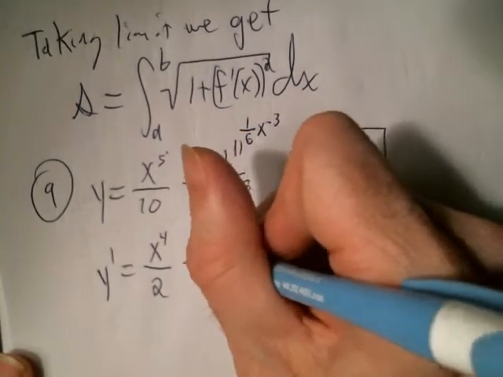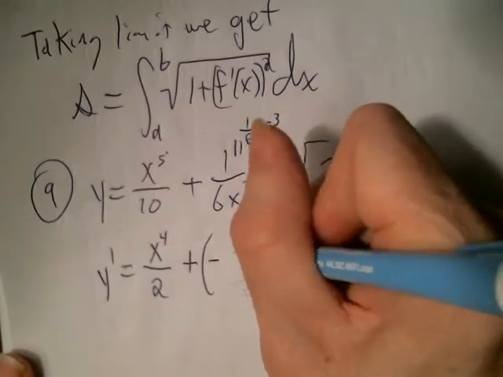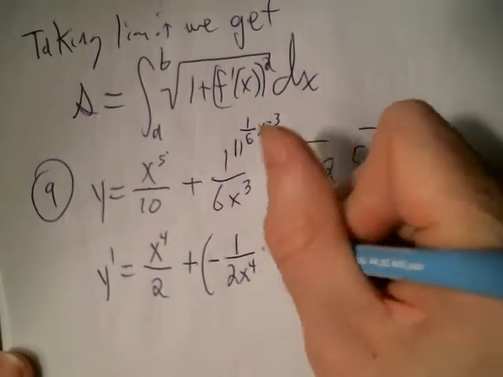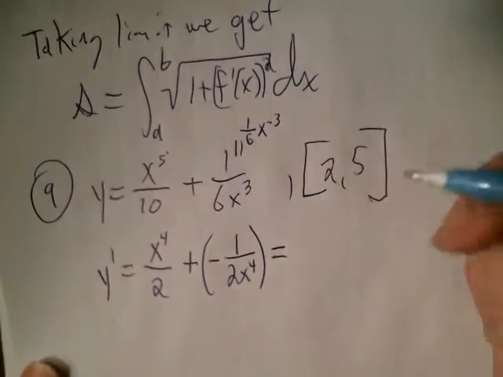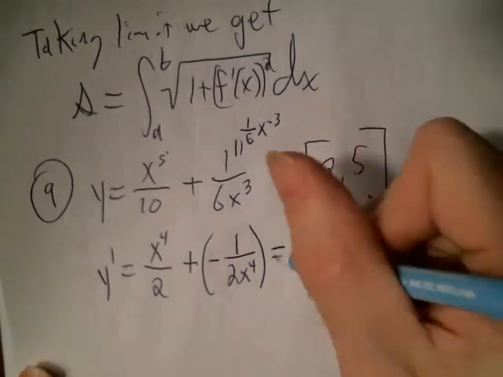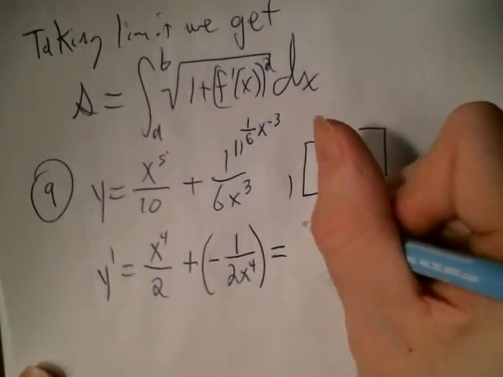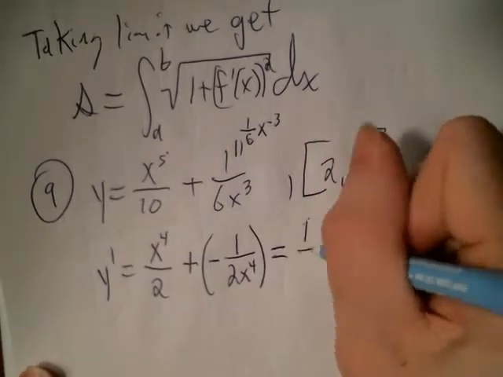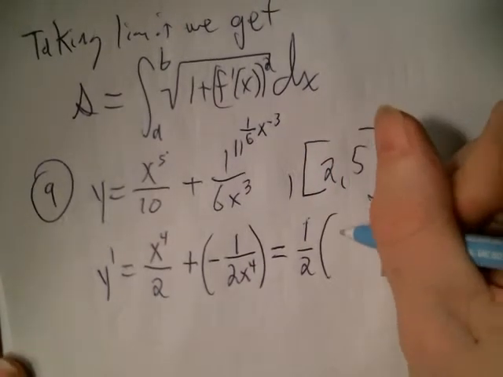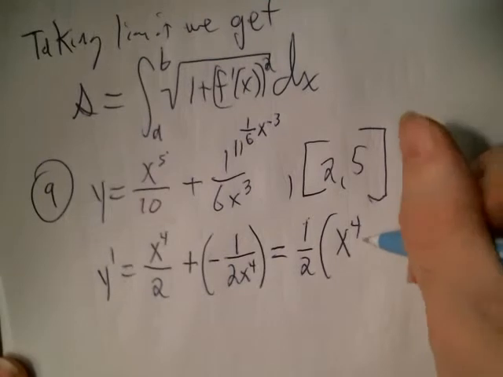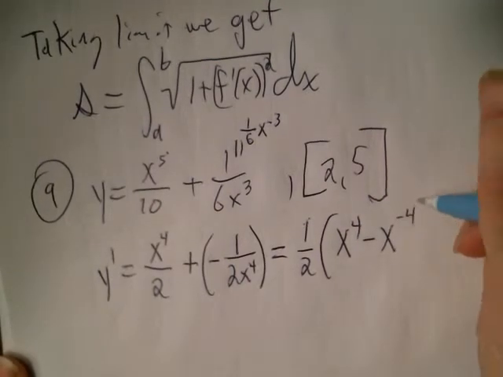So it ended up being negative 1 all over 2x to the fourth, which I could rewrite by factoring out a 1/2. I don't know if that's going to help life any, but let's factor out a 1/2, and then we get x to the fourth minus x to the negative fourth.